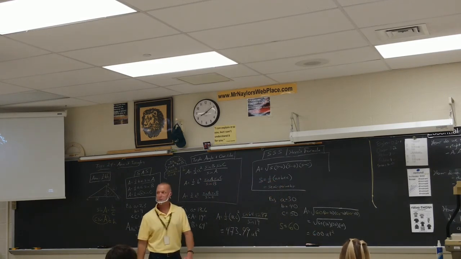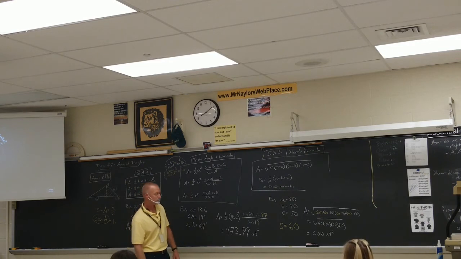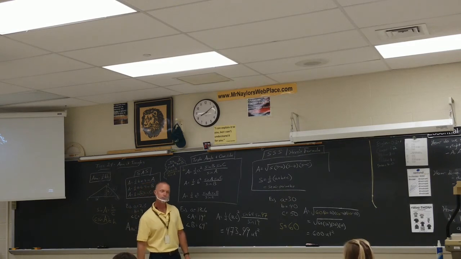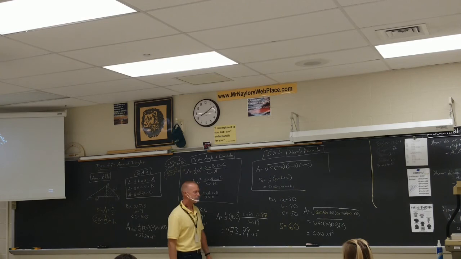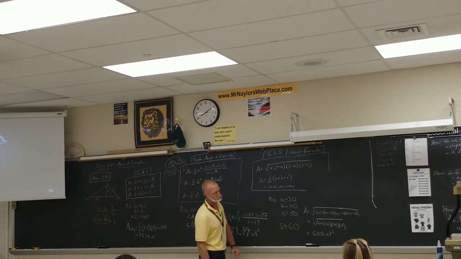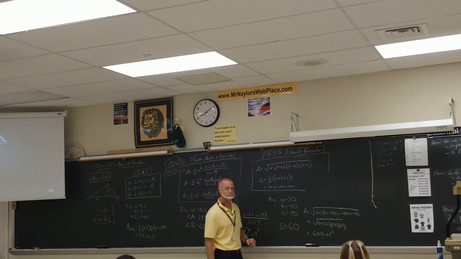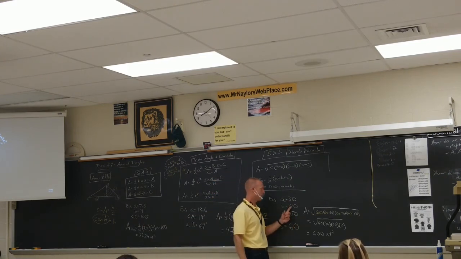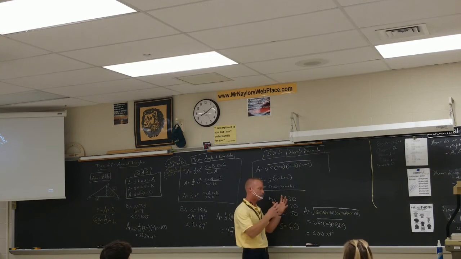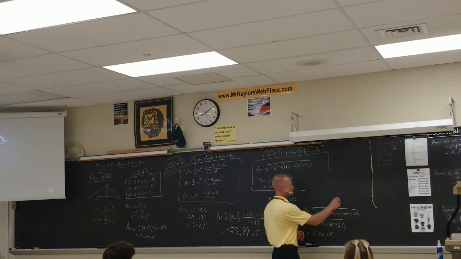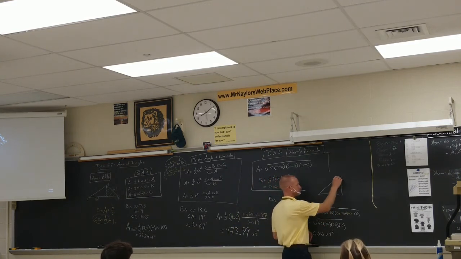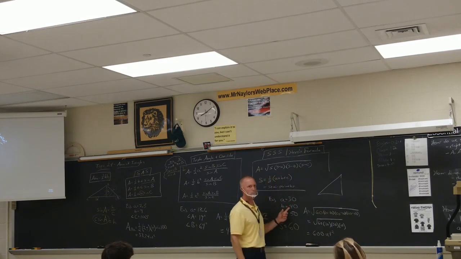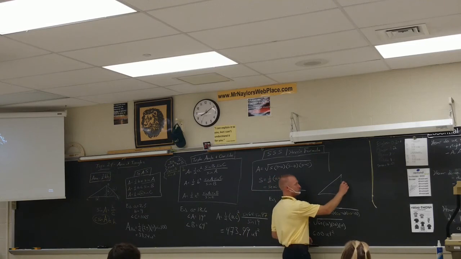Does anybody have any questions with that? There's something special about this problem. It's honestly to help us notice something about all these problems. There's something special about these numbers that is supposed to help us realize something. 3, 4, 5 is a right triangle.